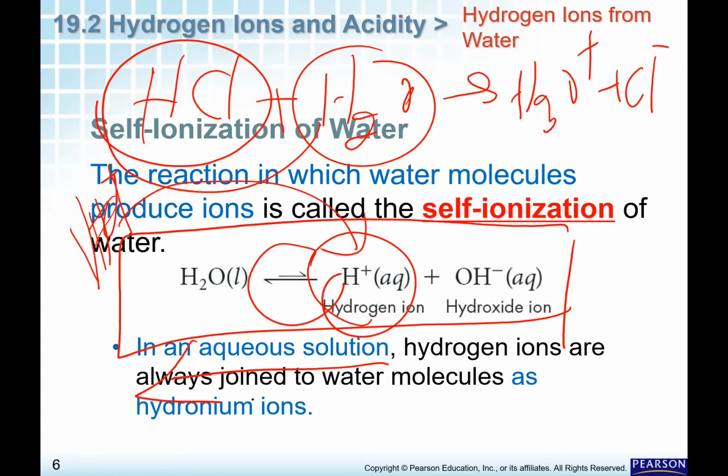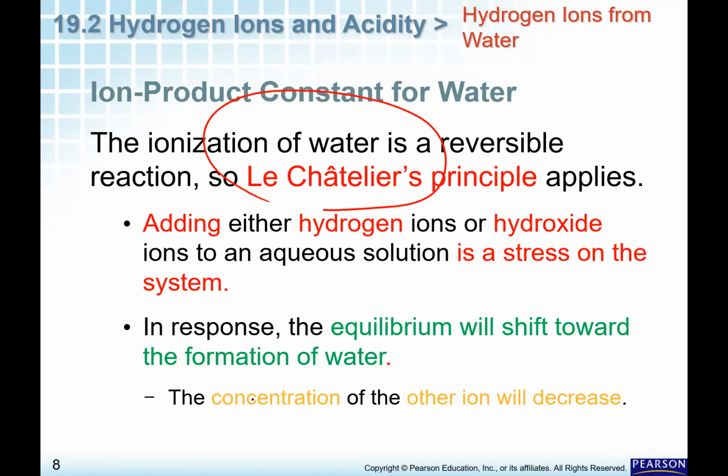And if we add more hydroxide ion, that also will create a stress and the system will react accordingly. So according to Le Chatelier's principle, adding either hydrogen ion or hydroxide ion to the aqueous solution is a stress on the system. In response to that stress, the equilibrium will shift toward the formation of water.